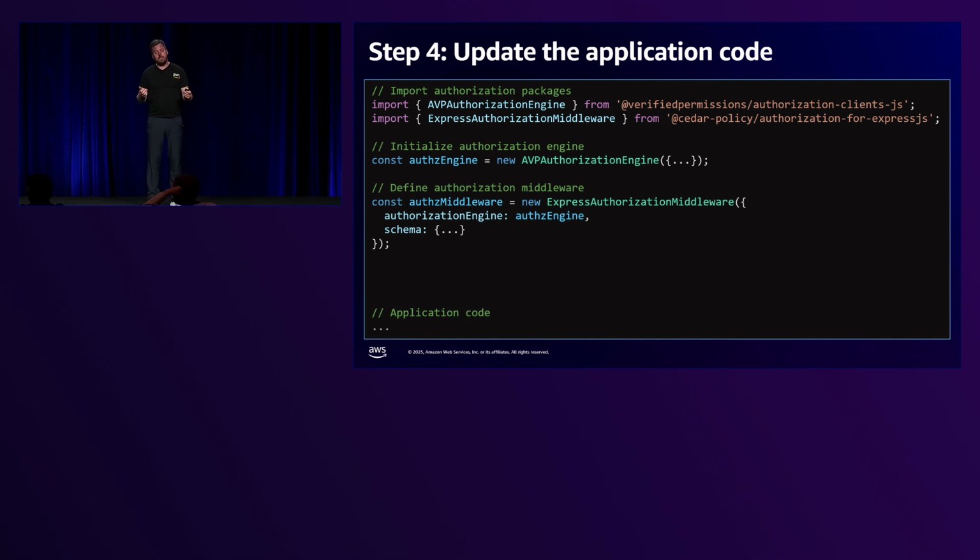And also the authorization middleware here is taking that authorization engine and the schema to be able to tell Express.js how these requests should be mapped. So once we protect the endpoint, it will be able to route that intelligently and understand which authorization actions it should request to be verified against AVP.